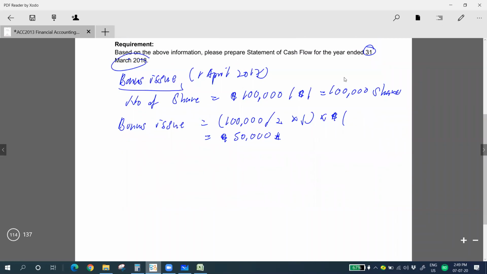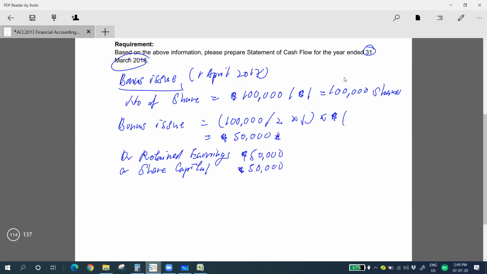Double entry: we debit the retained earnings account and we credit the share capital account. So this is the adjustment for the bonus issue.